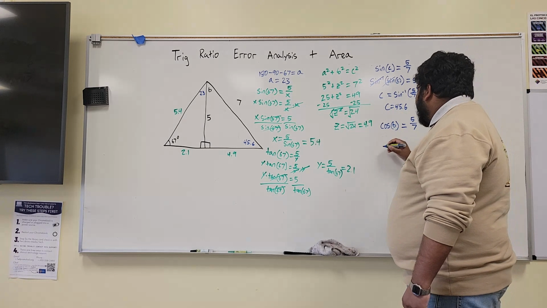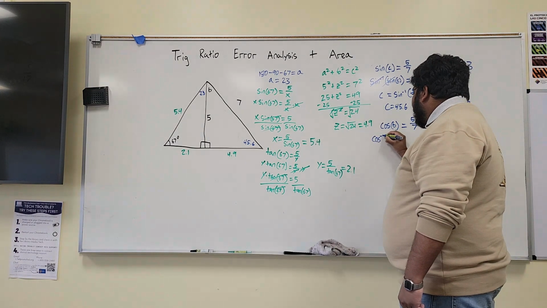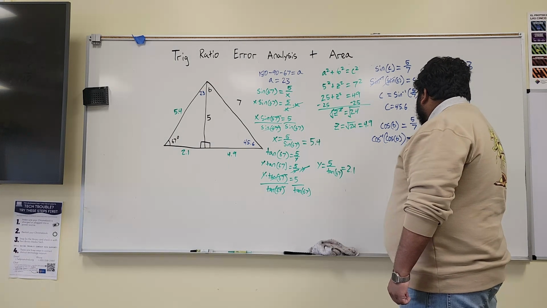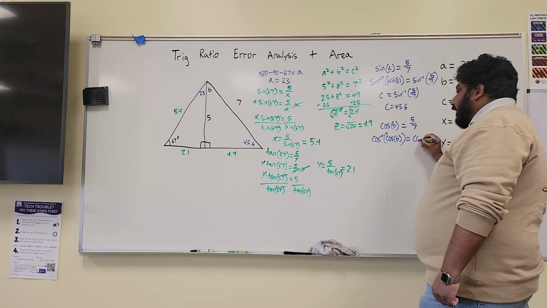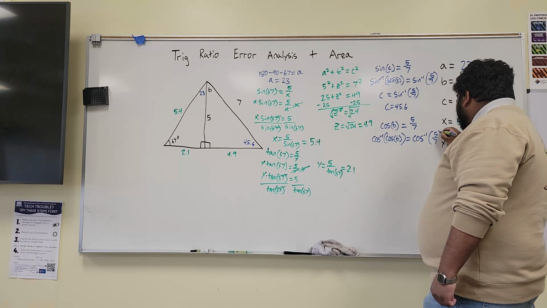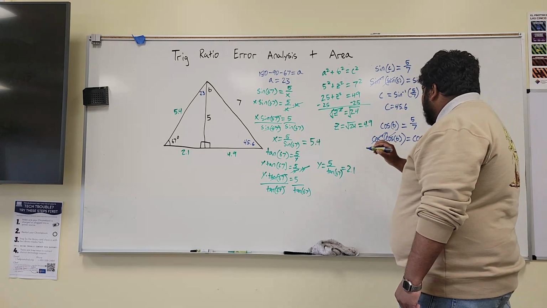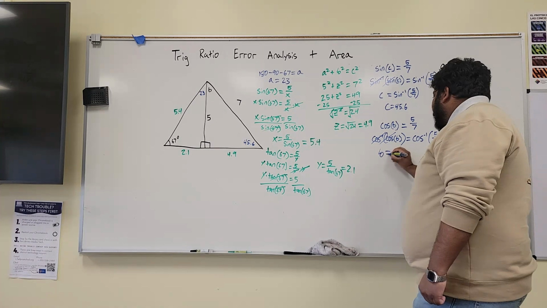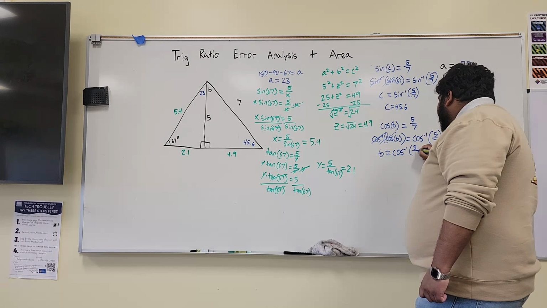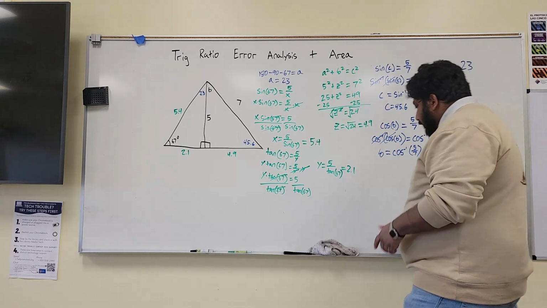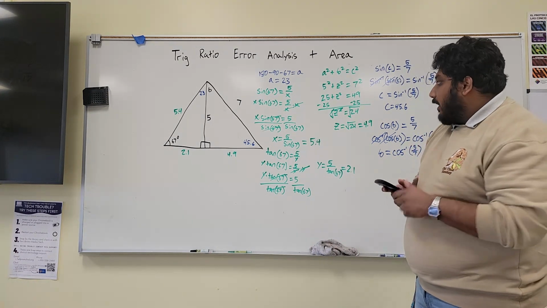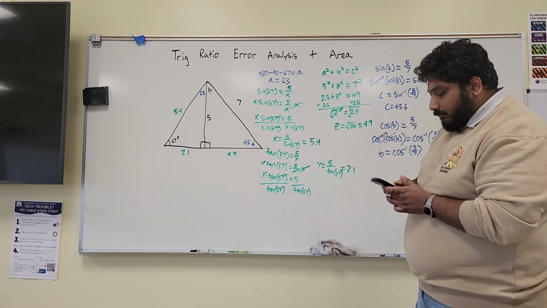We want to solve for B, so we're going to use our inverse cosine function to cancel out cosine. And if you do that on one side, you got to use it on the other side. Those will cancel out, and we'll be left with B is equal to inverse cosine of 5 over 7. Now when you plug that into the calculator, you should get the exact complement of this value over here.